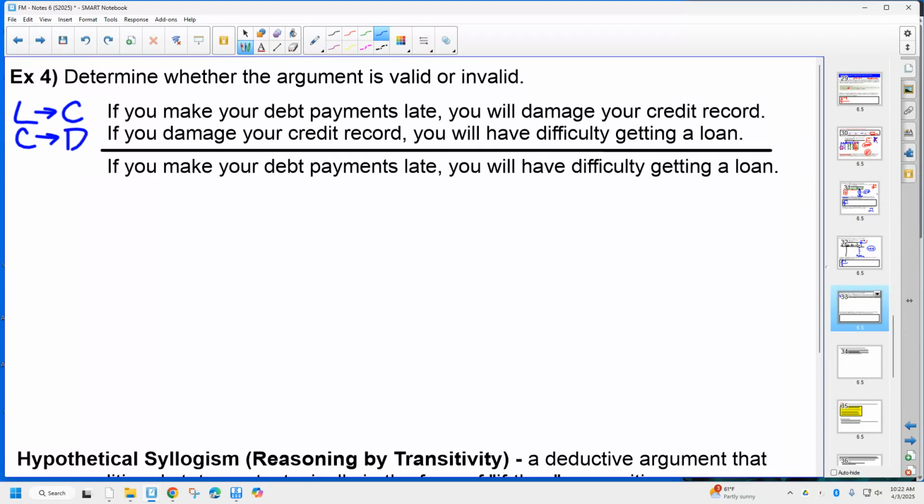Therefore, if you make your debt payments late, you will have difficulty getting a loan. So again, we're gonna show this with the table, right? That's kind of our fallback plan at this point.